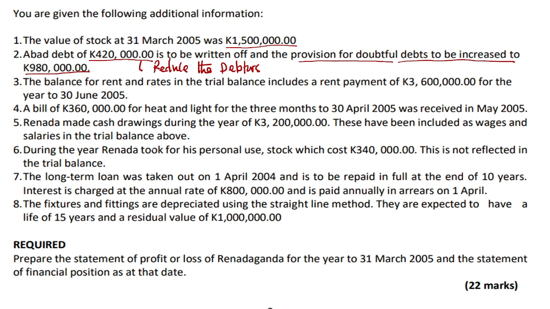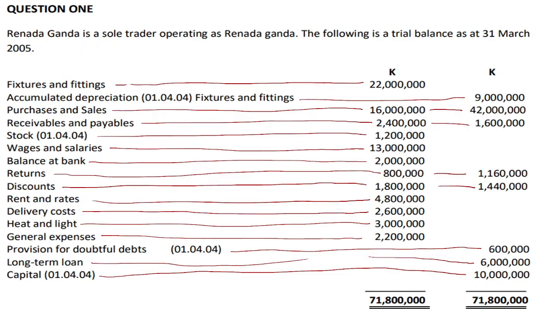We continue. Now, number 3, the balance for rent and rates in the trial balance includes a payment of this much. Now, if you look at rent and rates, we're at 4.8 million.